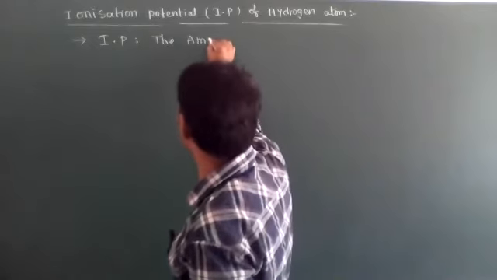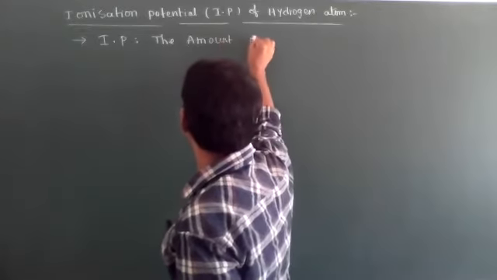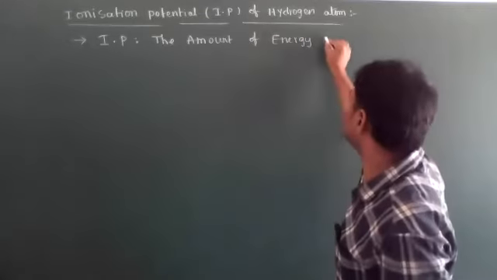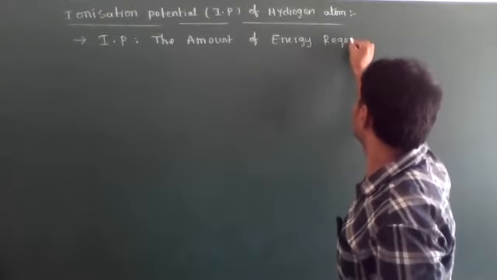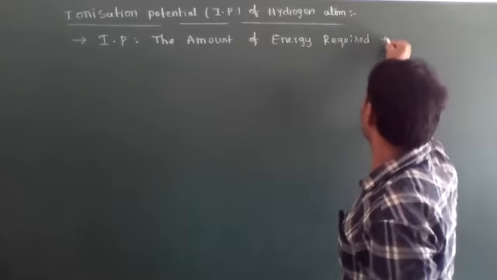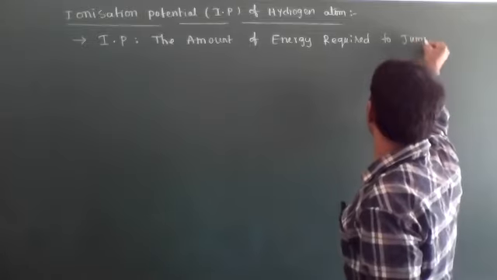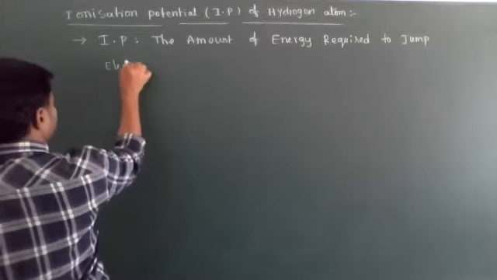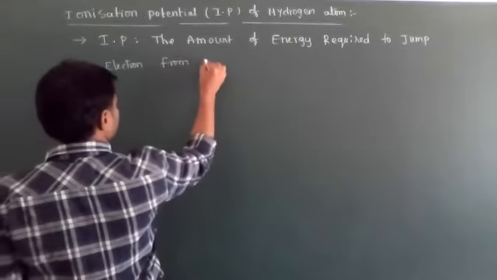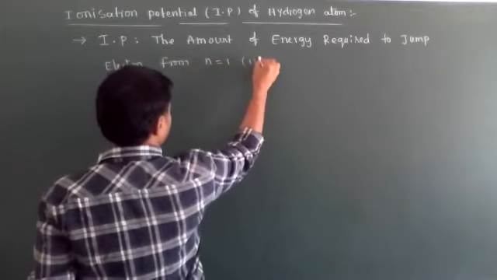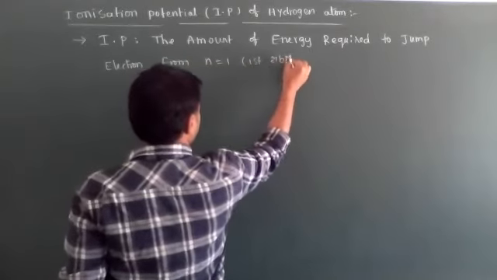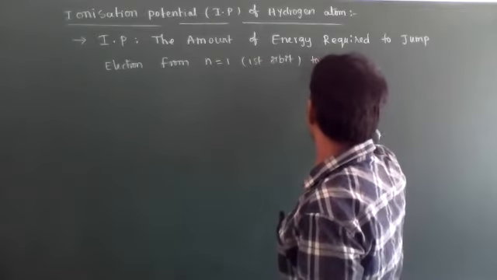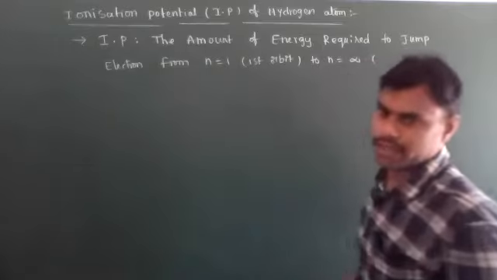Ionization potential means the amount of energy required to jump an electron from n equals 1, means first orbit, to n equals infinity, means infinite orbit.